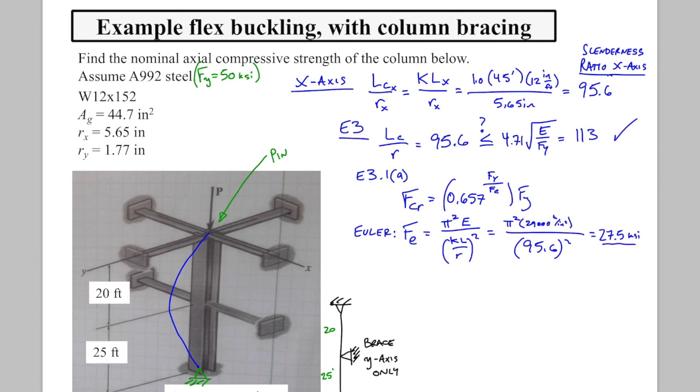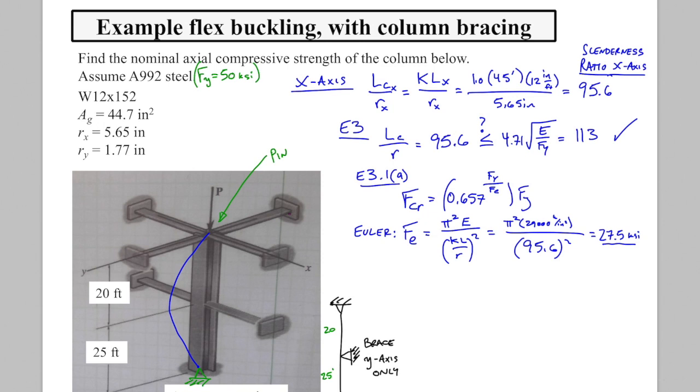If we didn't consider material nonlinearity, and if we didn't consider out-of-straightness and all these things, we would assume that the column would buckle at this stress, just using the Euler formulation. But we know better than that.